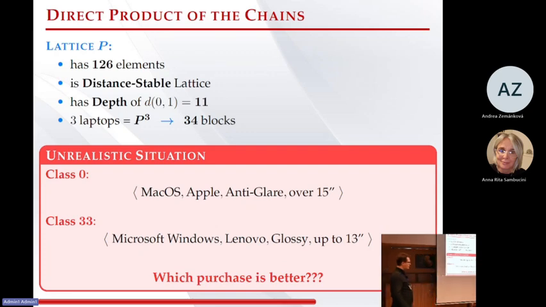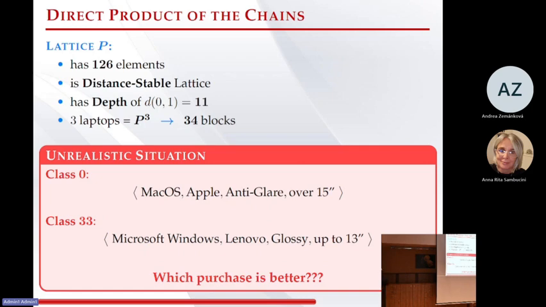It is distance stable, of course, has a depth of 11, and for 3 laptops, we use a ternary aggregation function, and we get 34 blocks. Okay, so we get that these laptops are the worst, and this laptop is the best. Okay, if you hate Apple, you are happy now, right? But this is not a real situation.